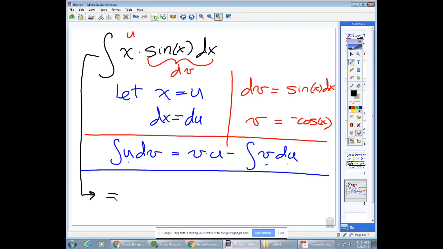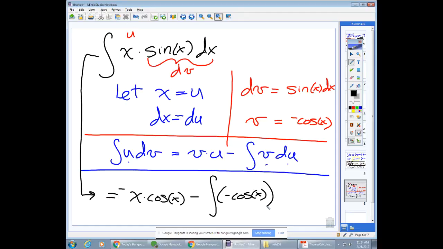This should be equal to, let's see, what is u here? It is x. v is the negative cosine of x. And then we subtract the integral of v du. v is negative cosine of x.